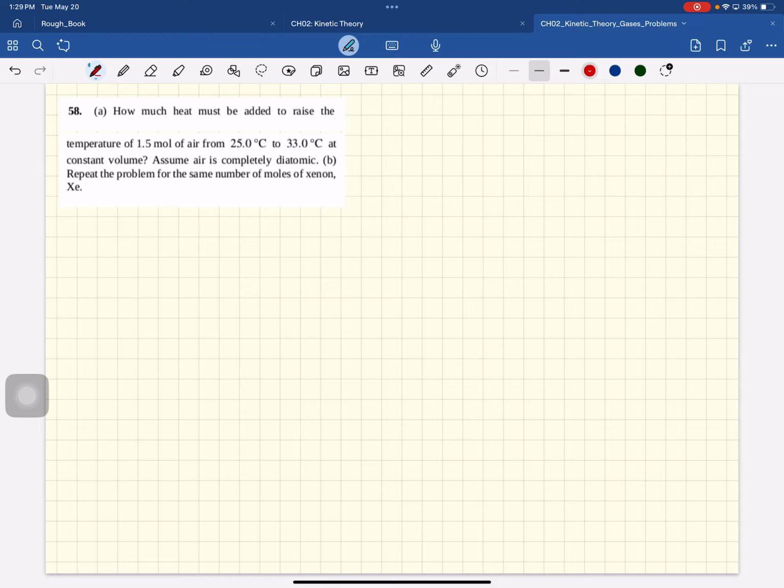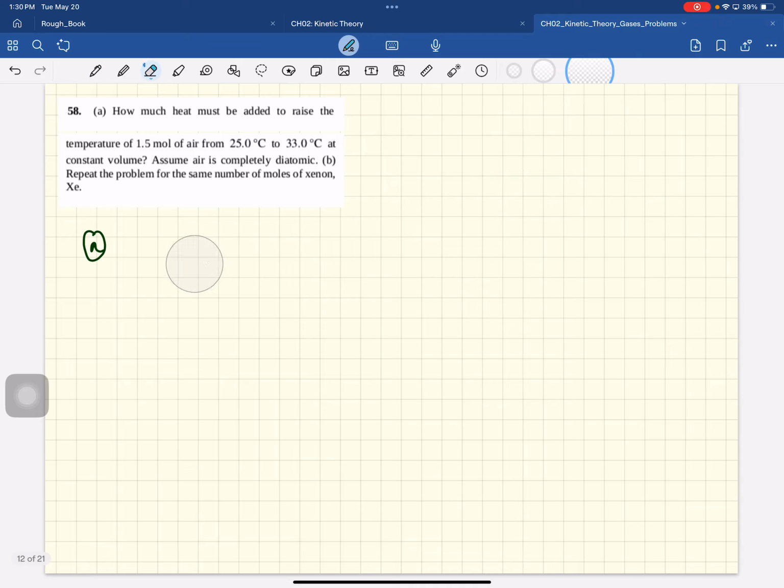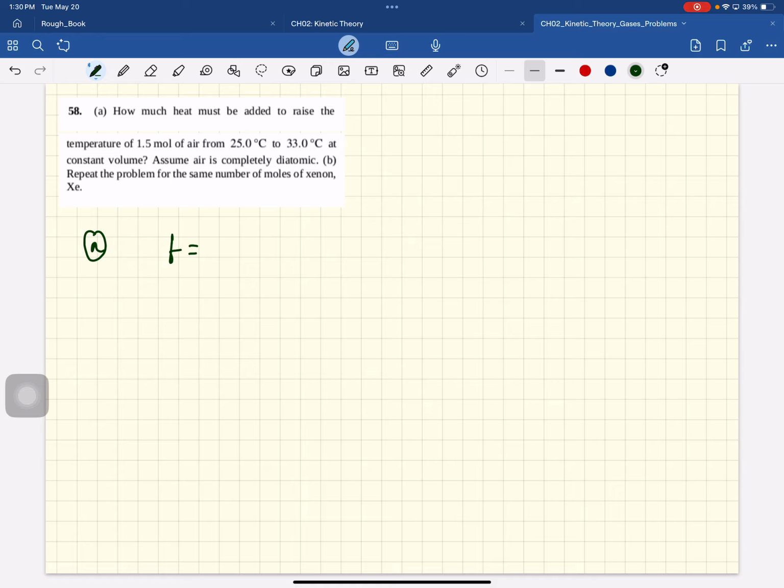For A, CV: at room temperature for a diatomic molecule, the number of degrees of freedom is 5, so CV is 5/2 R. For part B, what is xenon? It's a noble gas, and the number of degrees of freedom is 3 at all temperatures, so CV is 3/2 R.